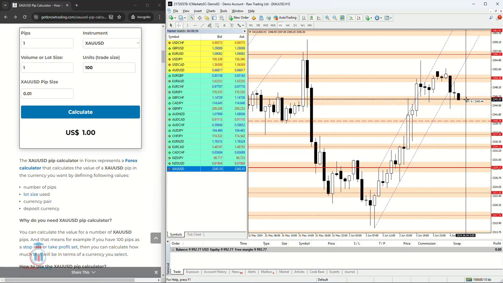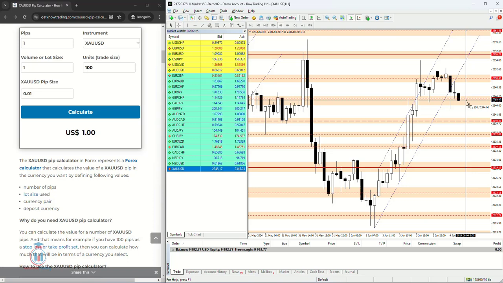So when the price changes from this one to this one, you can see the current price change is from 2345.50. I have moved down to 2344.00, which is a change by 150 units, and that means 150 pips. So this is the way you can easily calculate the number of pips on gold.